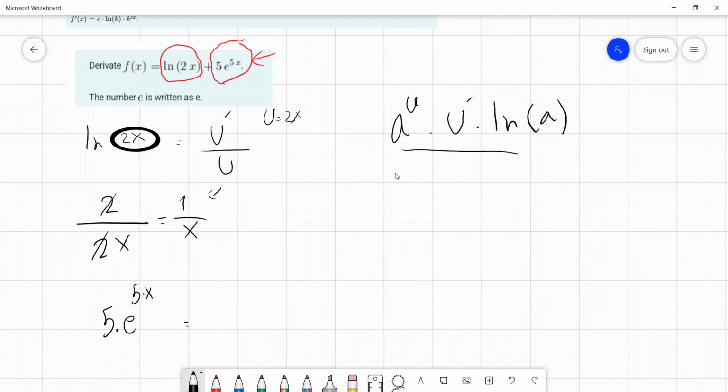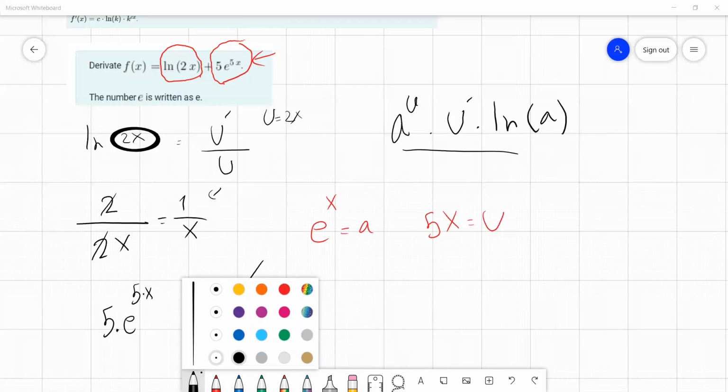I'm sure this has a good name, but all right, the derivative of 5 is just 0, and 0 times e to the power of 5x is just 0. So we're going to ignore that term completely. But then plus 5. All right, let's use our equation over here. Let's call e as a and 5x as u, and take it up from there.